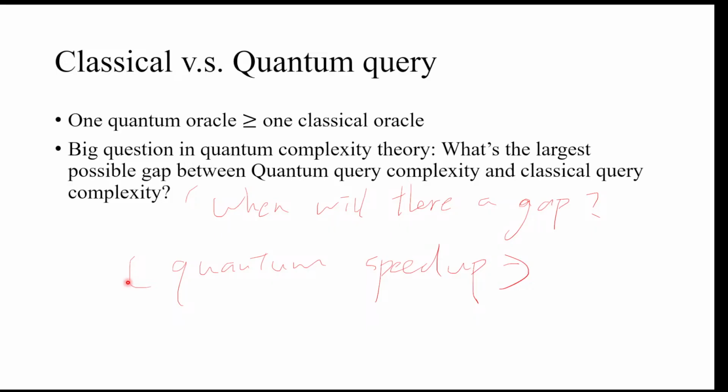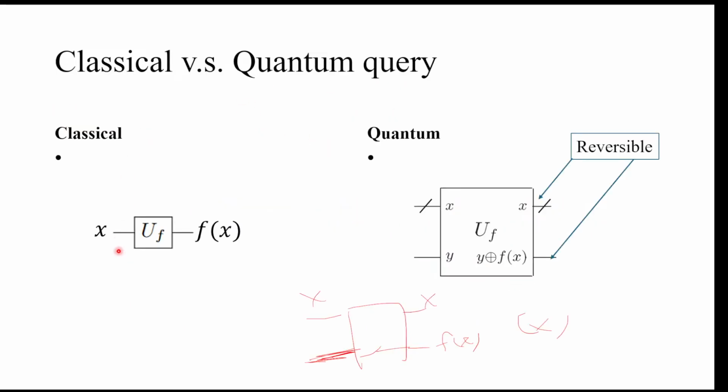We have some comparison between classical and quantum queries, so we think about the power of quantum queries versus classical queries. This is a bit of complexity theory. It is easy to see that one quantum oracle call is more useful than one classical oracle call. What a classical oracle call can do is compute f of x on some x.